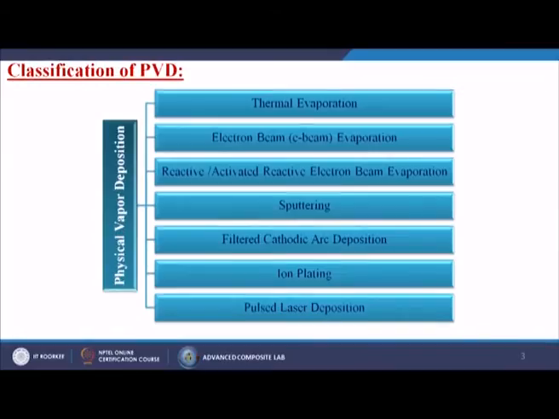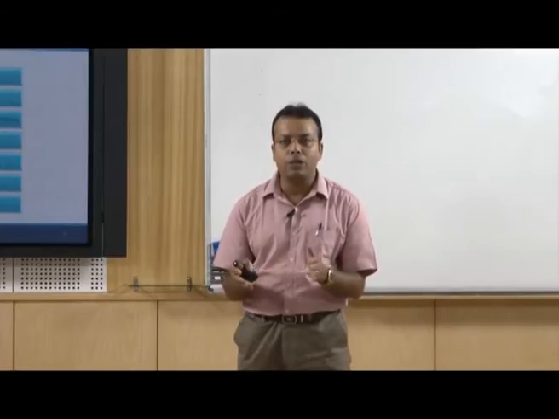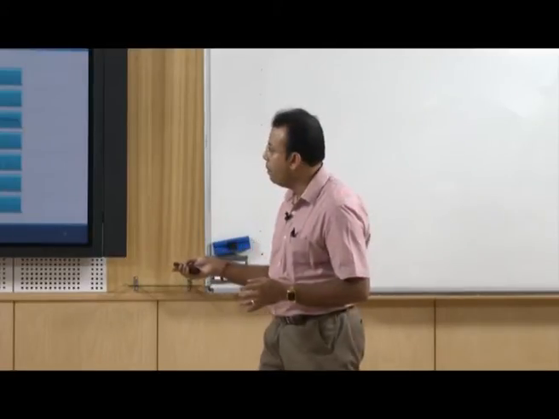So, the first one is the thermal evaporation method, then the electron beam or E-beam evaporation method, reactive or activated reactive electron beam evaporation, sputtering, filtered cathodic arc deposition, ion plating, and pulsed laser deposition. So, we can see that a total of 7 classifications are available for the PVD method.